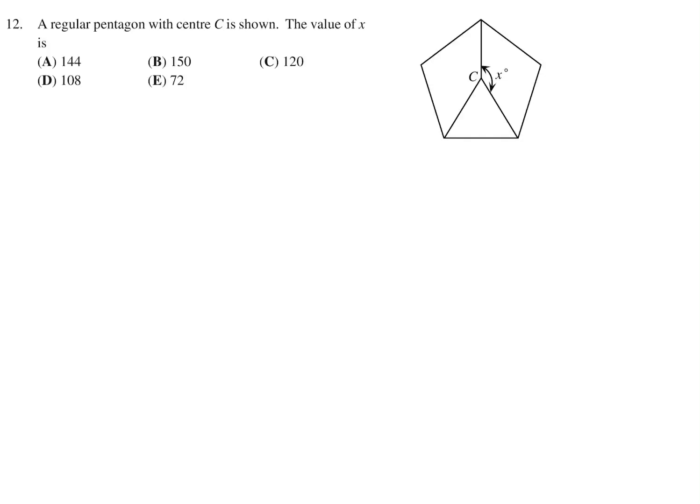A regular pentagon with center C is shown. The value of x is. Okay, the first thing we need to understand is that whenever you have a pentagon, the sum of the interior angles is 540.